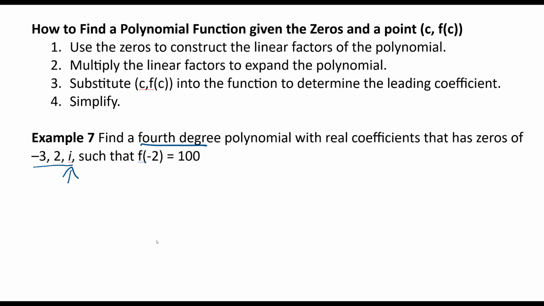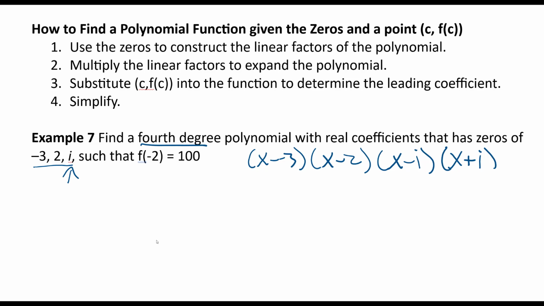So we really know that our factors are going to be x minus negative 3, x minus 2, x minus i, and then x plus i, which is the conjugate of x minus i. So we know these are the zeros. We'll say a is the leading coefficient. We'll call this f of x. And we can start our fun-filled journey of trying to find this polynomial.